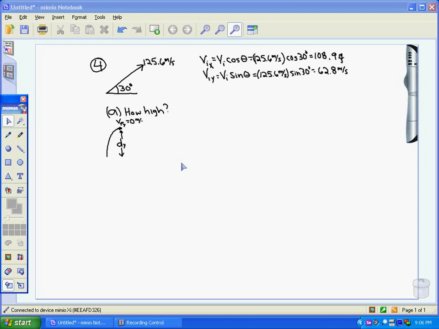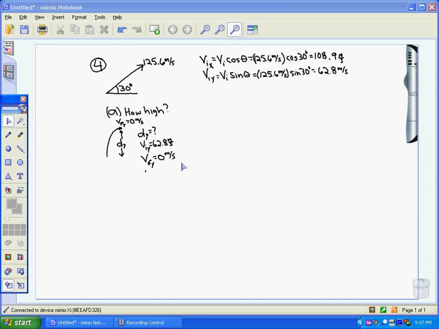So I get my dy, which is what I'm looking for, VIY, which we know is 62.8 meters per second. Then I have my VFY, which is equal to 0 meters per second. My T is unknown.